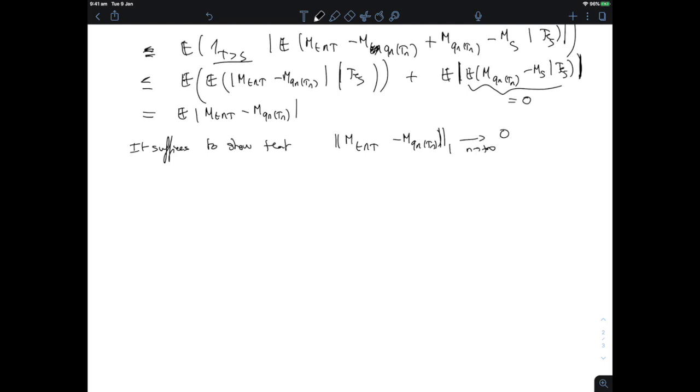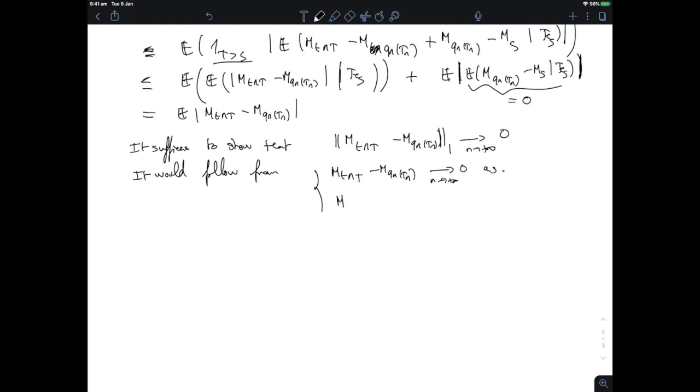Now, we've studied uniform integrability precisely for that purpose. It would follow from two things: from almost sure convergence combined with uniform integrability.